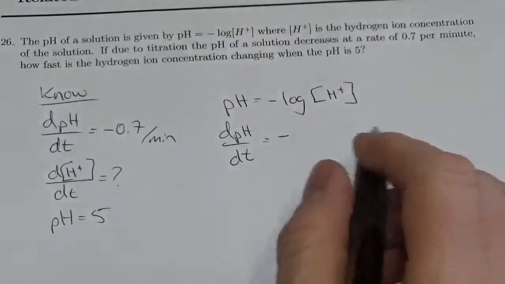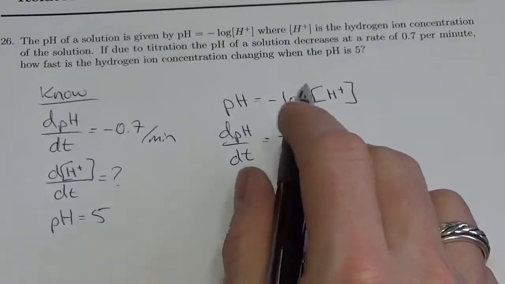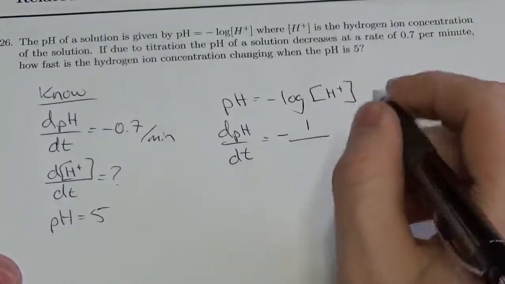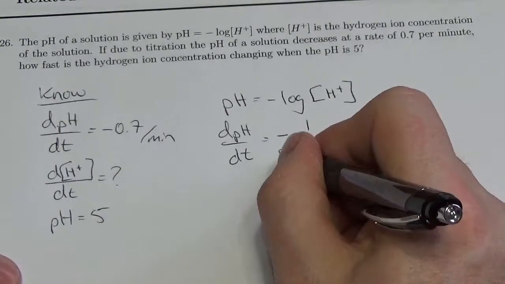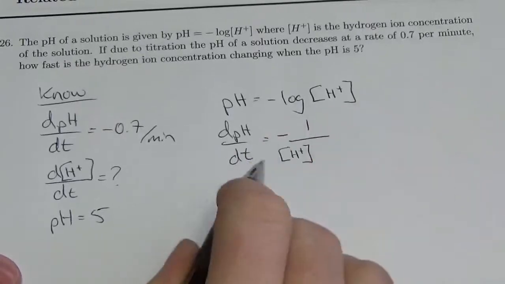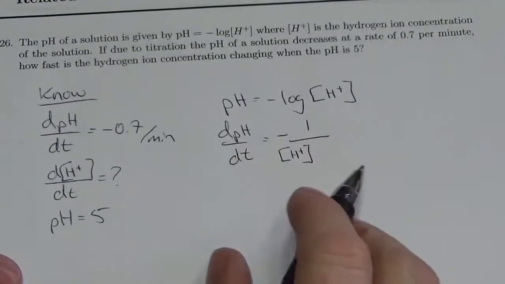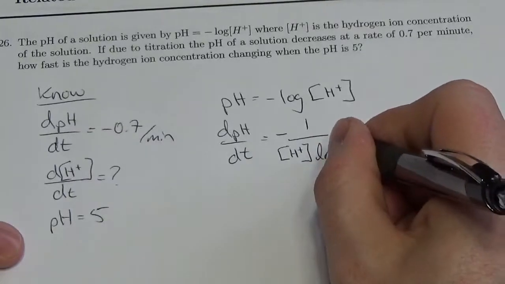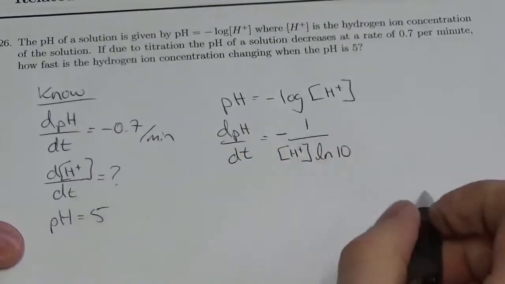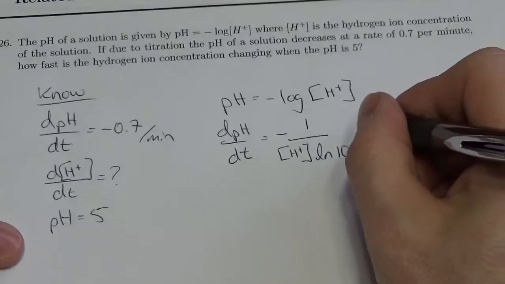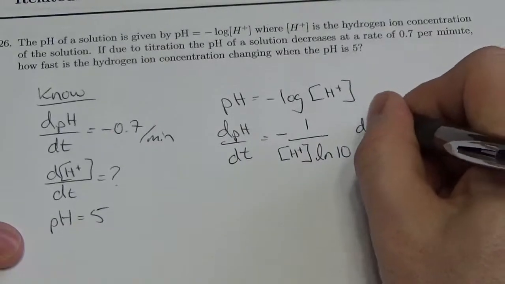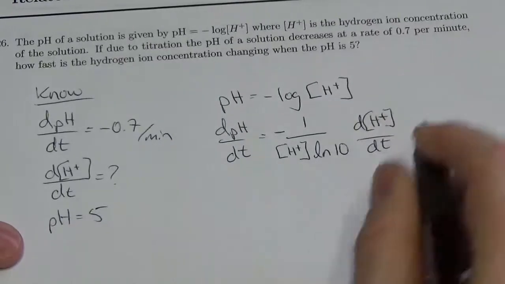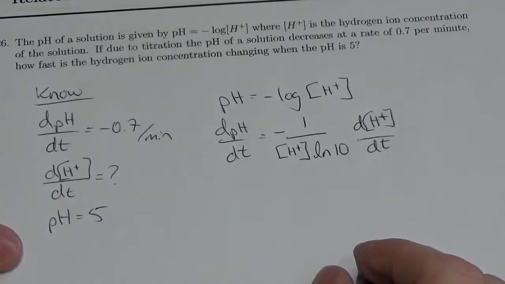It's going to equal, okay, so when I take the derivative of a common log, that is going to be 1 over the argument. So there's the hydrogen ion concentration. So yep, I do need to go back and figure out what that is. This will be multiplied by the natural log of 10, that's the base, and then multiplied by the rate of change of the hydrogen ion concentration. Okay, that's because of the chain rule.